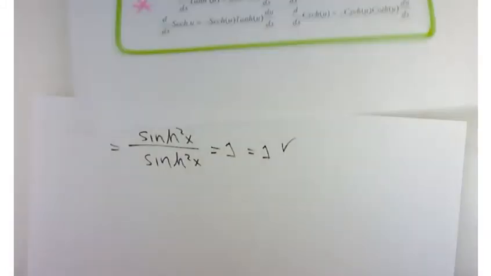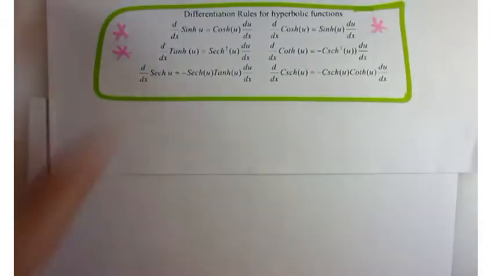All right, so keep this handy, keep it to one side. Let's work with some hyperbolic functions and differentiate them. Don't forget our usual rules of the product rule, the quotient rule, those still apply.